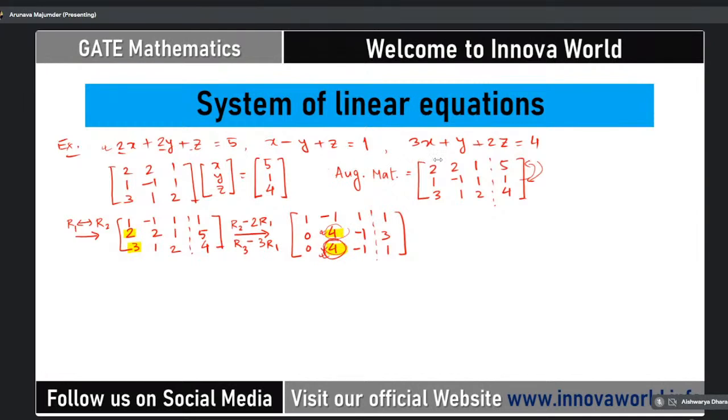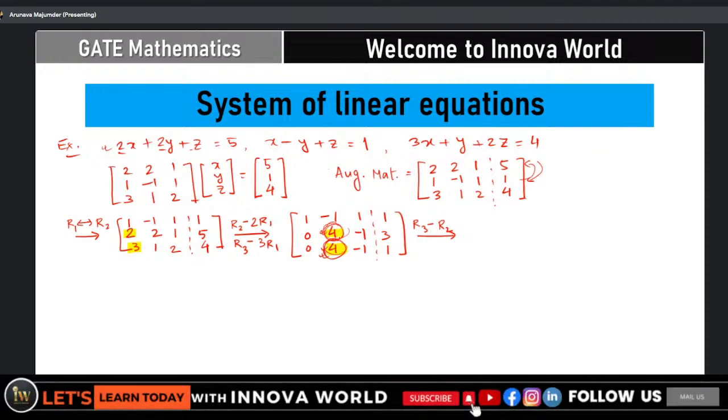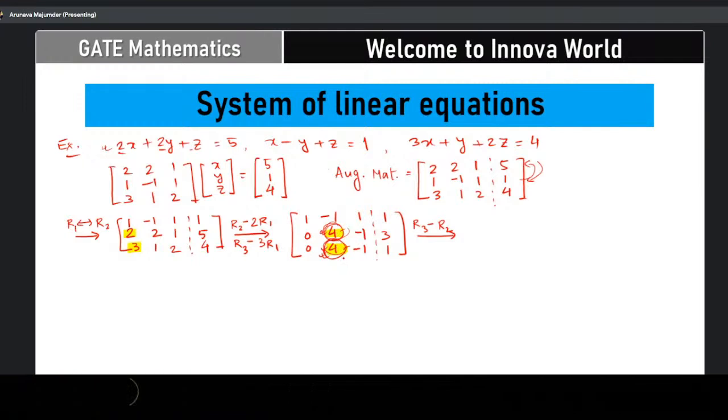And for this, we don't have to convert the diagonal element to 1. So directly we can use here R3 minus R2. Basically we make the second diagonal element, or all diagonal elements, 1 just to simplify our operation. It is not exactly necessary, but here you can see the upper and lower elements are the same, so we don't need to make the second diagonal 1.